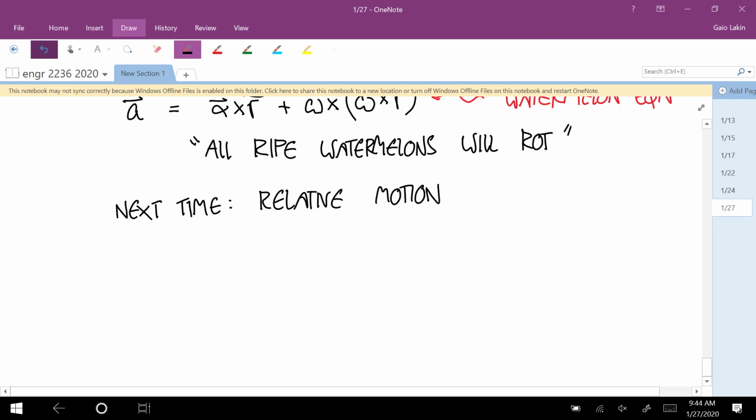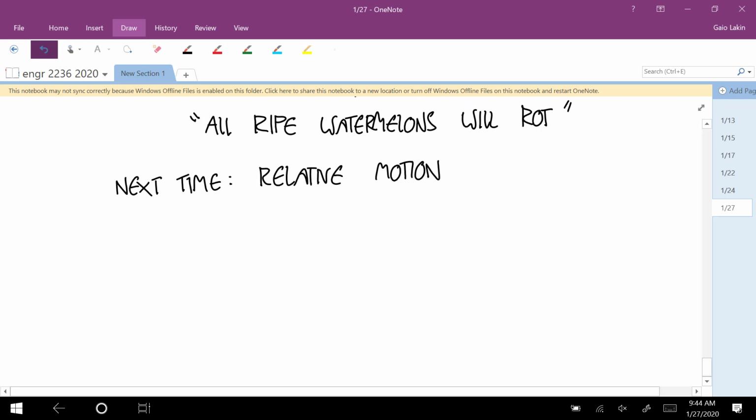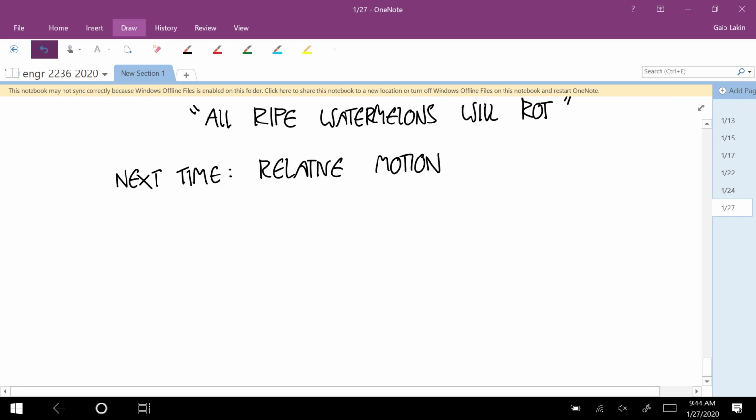The idea of this is that it allows you to superimpose motions.